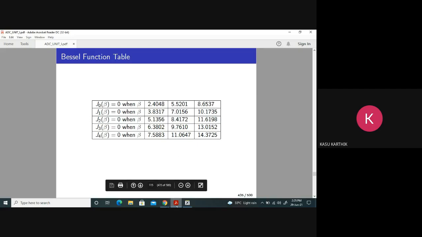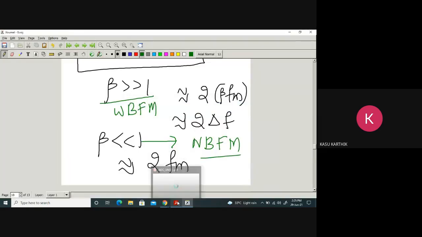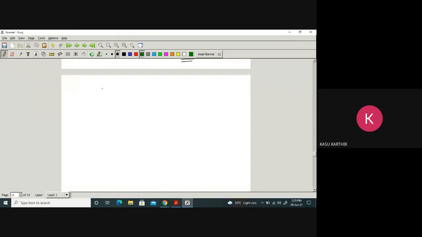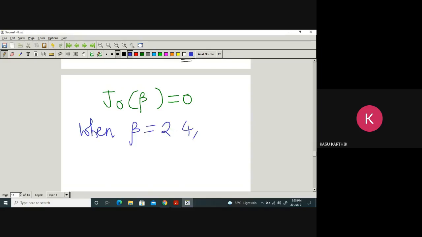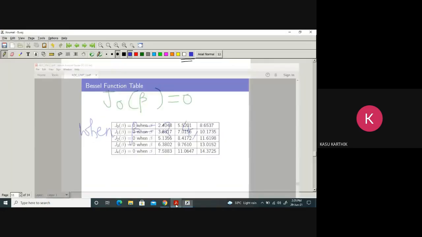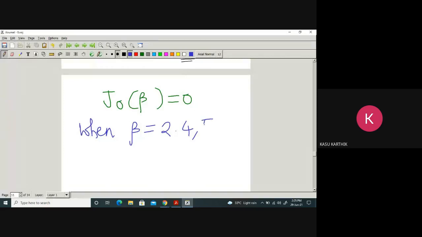So let me write here: J naught beta is equal to 0 when beta equal to 2.4, 5.5, and so on. What does this imply actually?